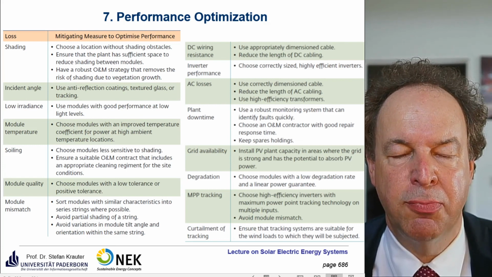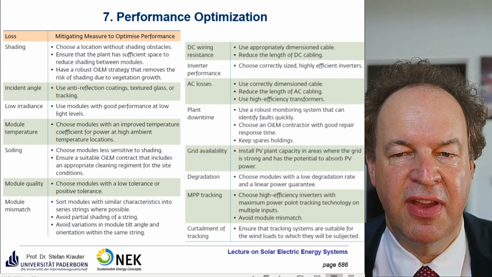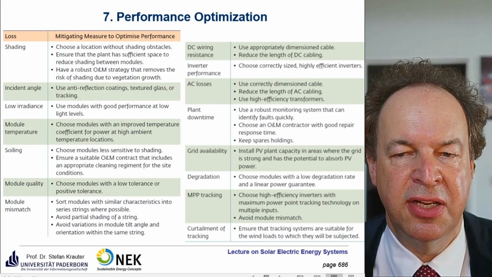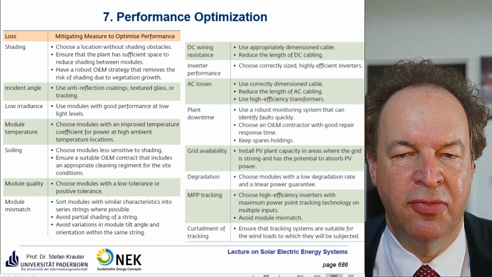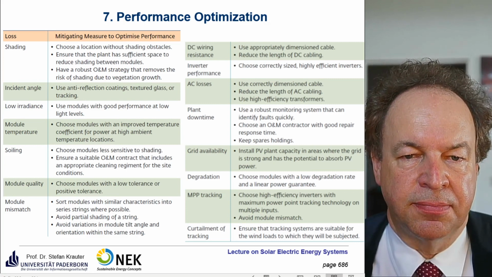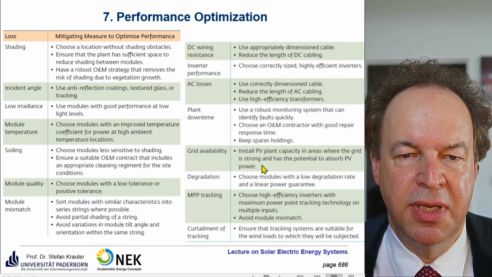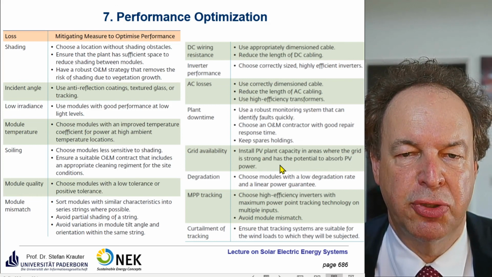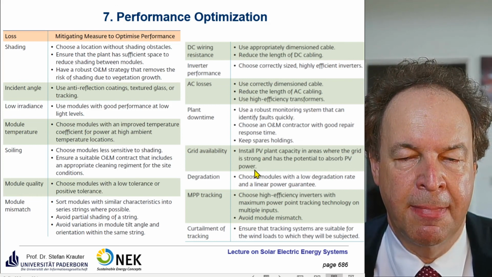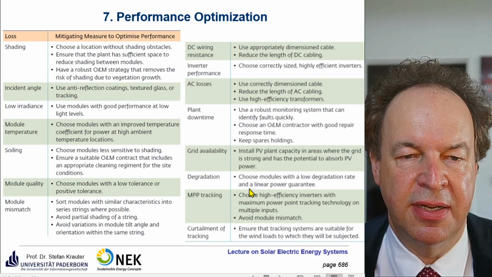Grid availability could also be an issue in some countries. A grid is failing, and so you can't feed anything into the grid, and sometimes you don't even get money for that. So the grid has to be stable and strong and have the potential to absorb the PV power, but usually the utility takes care of that.